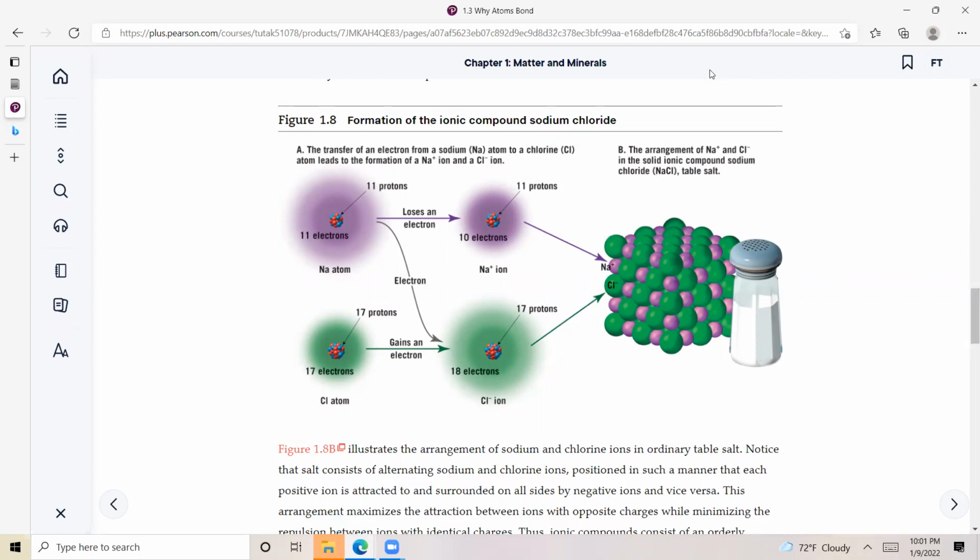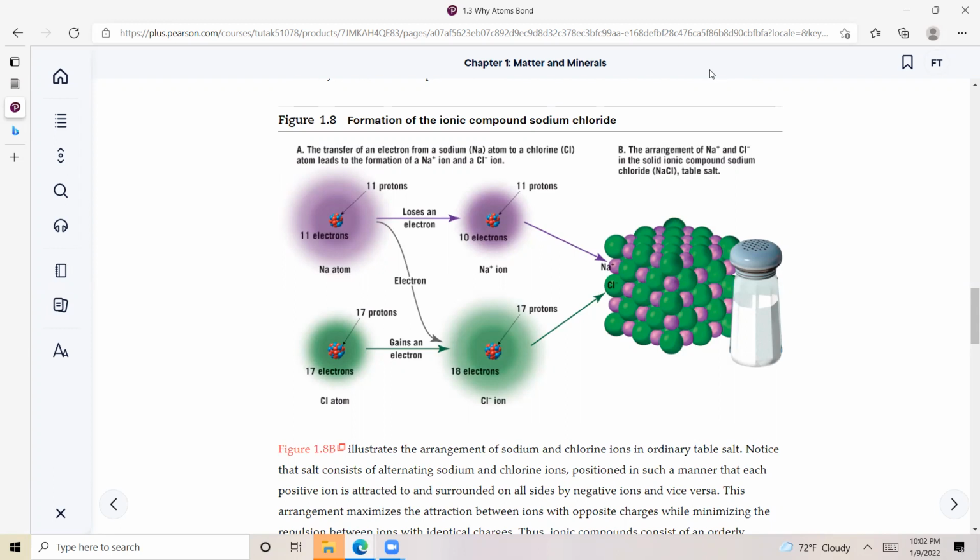So when you see positive and negative charged ions, you can understand that they have gone through a chemical reaction together. They shared, transferred, and were transformed into a new chemical composition.